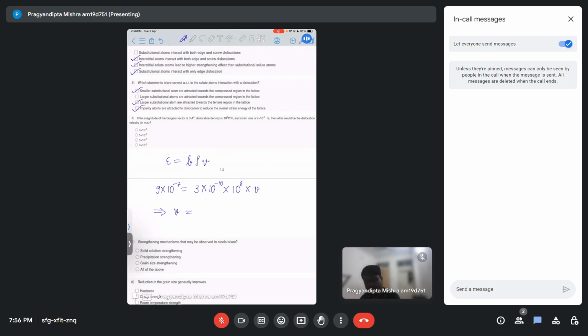So 3 into 10 power minus 5 is what I'm getting, meter per second.